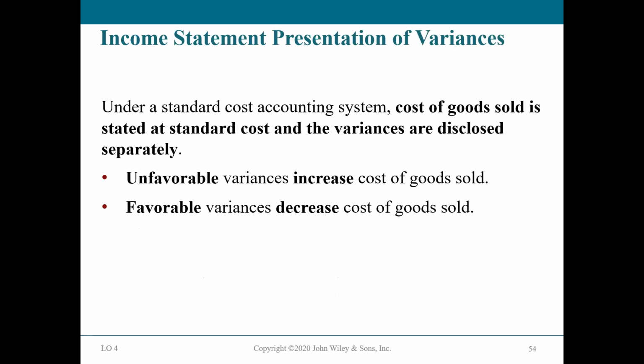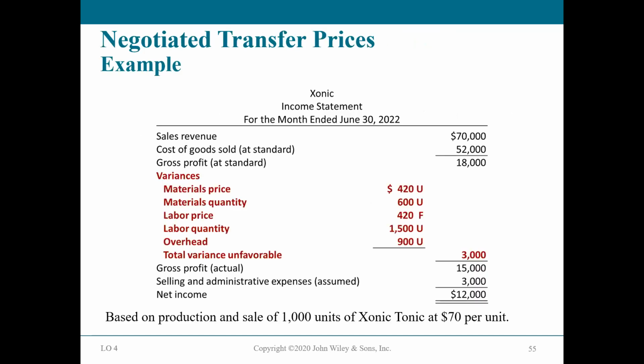Now, under the standard cost accounting system, the cost of goods sold is always stated at standard cost, and the variances are disclosed separately. Okay, and we're going to pull up a little example. So in Exonic, where they have a standard cost, $52 per gallon, and say they had $70,000 of revenue, their standard cost of $52,000, they had a gross profit at standard of $18,000.